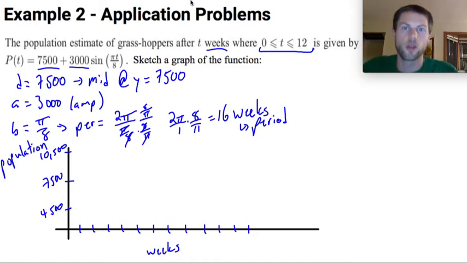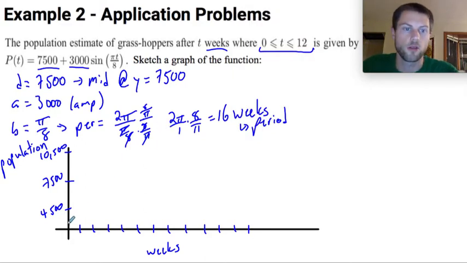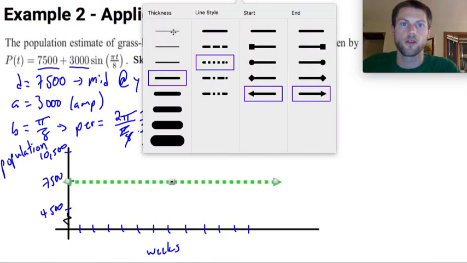If we want to be really precise with these graphs, which we should be, I should do one of these little breaks in the graph here, just to show that I'm not actually scaling it from 0 to 45, but I have a break in the graph. Then I'm going to sketch out my midline. Here is my midline. Let's make that a little bit thinner.